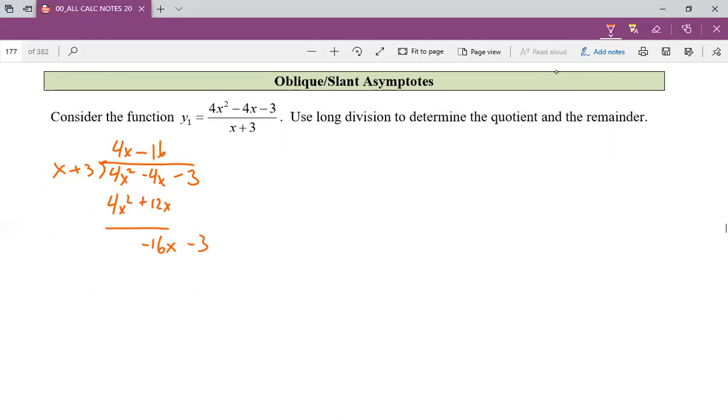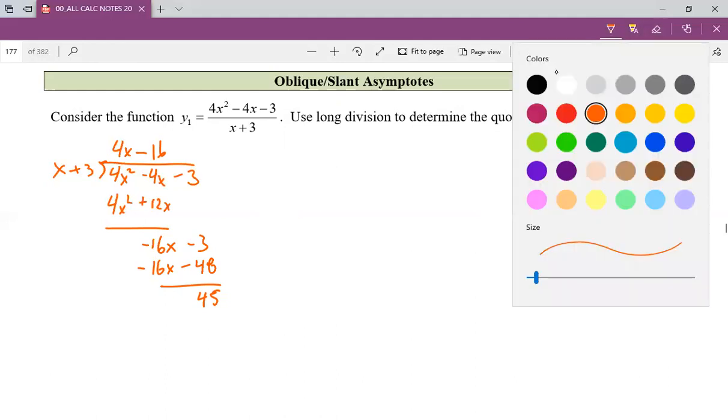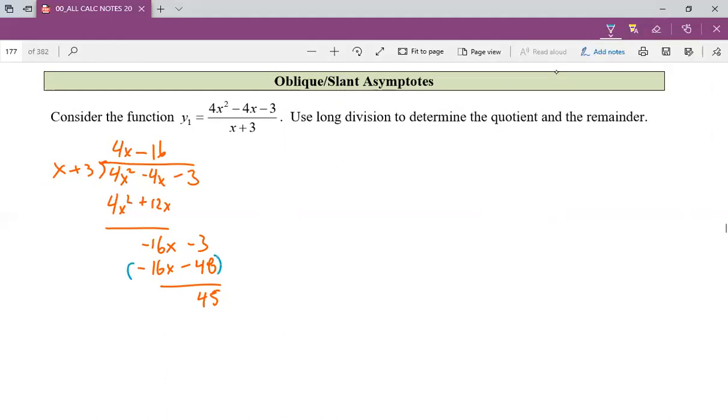That would be minus 16, of course. Minus 16 times x, and minus 16 times 3 makes this negative 48. When we subtract, be careful about subtracting. This is positive 45. We are subtracting.